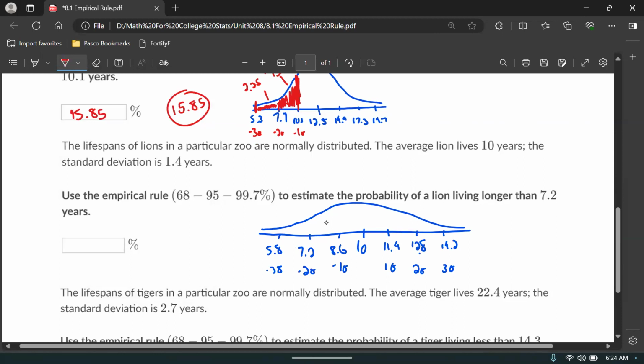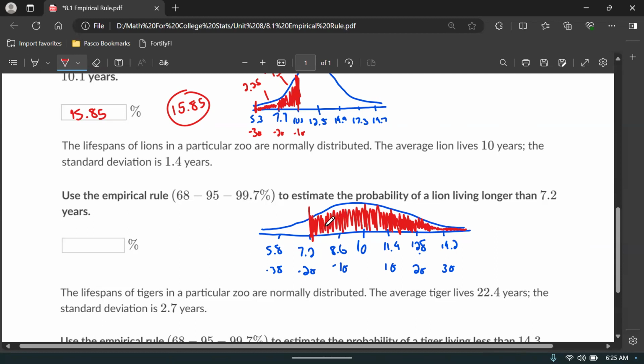So longer than 7.2, that's from here and upwards, right? It's all of this. Everything longer than 7.2. So everything here all the way up to infinity, basically. Now, there's kind of 2 ways you could do this.